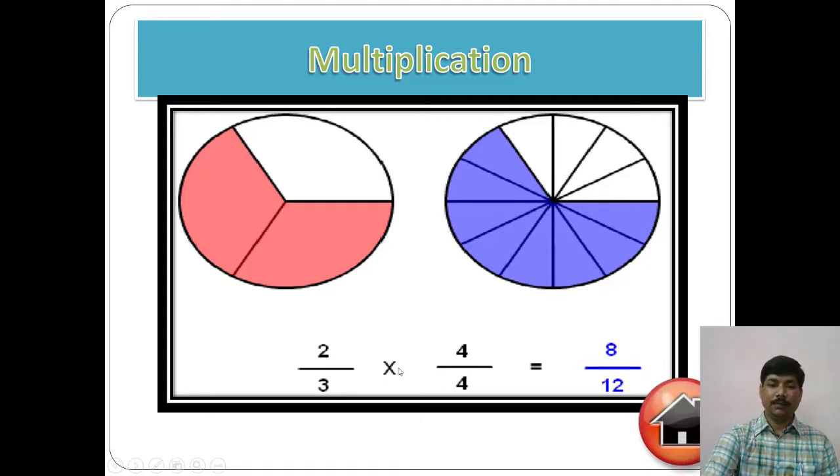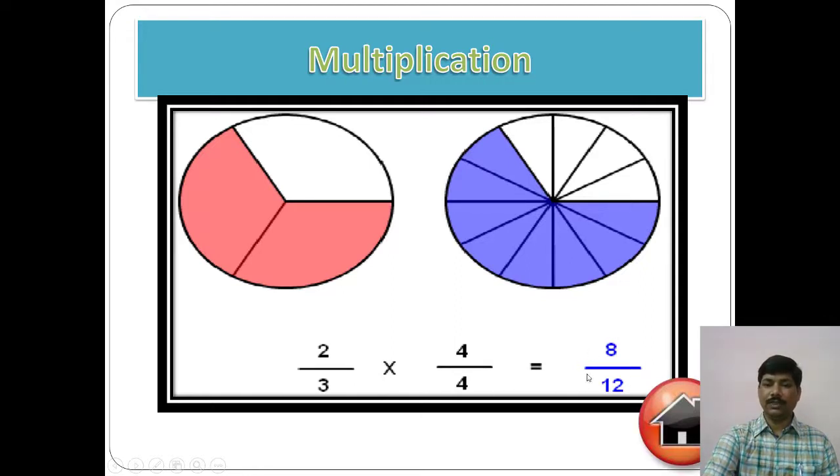In this method, we will multiply the numerator and denominator by the same number. The numerator 2 will be multiplied by 4, then we will also multiply 3 by 4. In this case the product will be 8, and in this case the product will be 12.